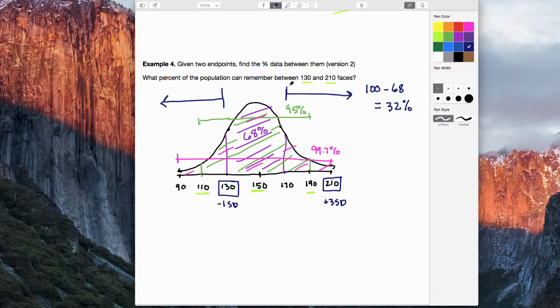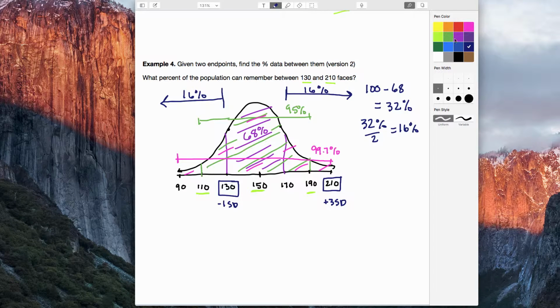In other words, 32% is the total of these two sections. If I divide it by 2, that gives me 16%, because I'm splitting 32% among 2 sides. There's 16% on each side. So of that cutoff of 130, 16% of people are below 130 faces that they can remember.